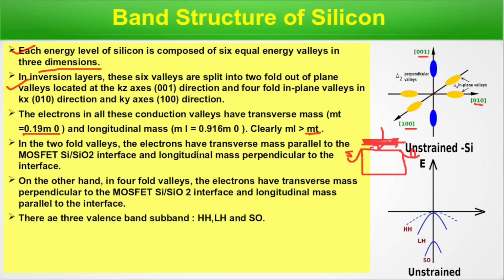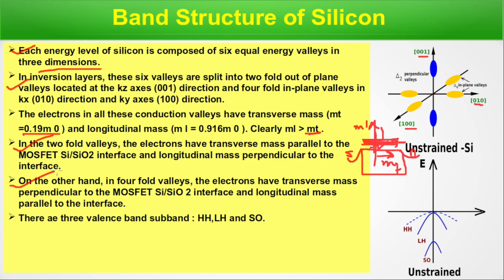What we are saying is the electrons have transverse mass parallel to the interface and longitudinal mass perpendicular to the interface. That is the interface. Perpendicular means this direction, that is longitudinal mass ML, and in this direction parallel to the interface is MT. This is the situation of the 001 direction, that is the 2-fold valleys.